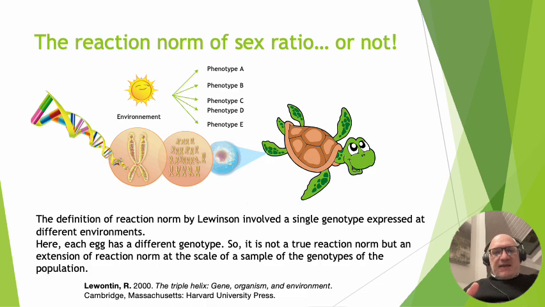Here, each egg has a different genotype because of the meiosis in the female and the meiosis also in the male. So it is not a true reaction norm, but an extension of reaction norm at the scale of all the genotypes of the population.